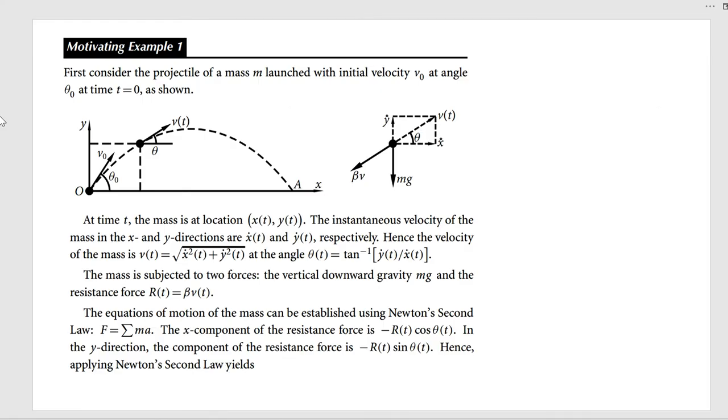Now for a motivating example, if you throw a ball from here, I think all of you have studied the motion of the projectile. What would be the velocity so that it will cover a minimum distance. So here x dot is actually dx/dt.